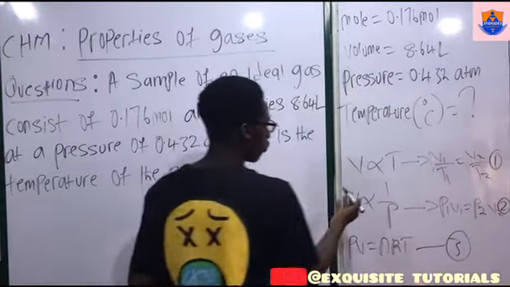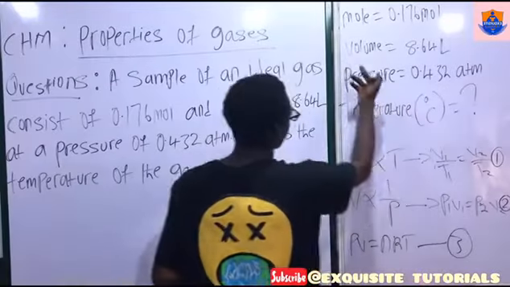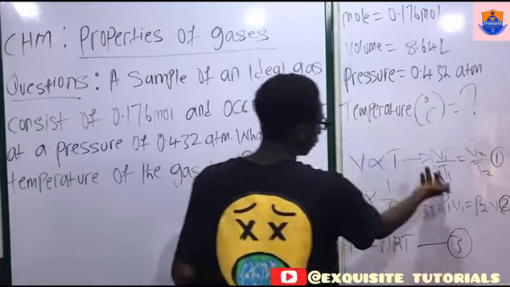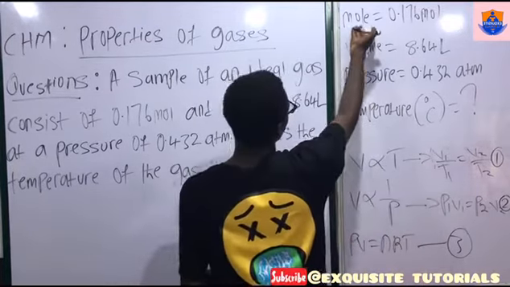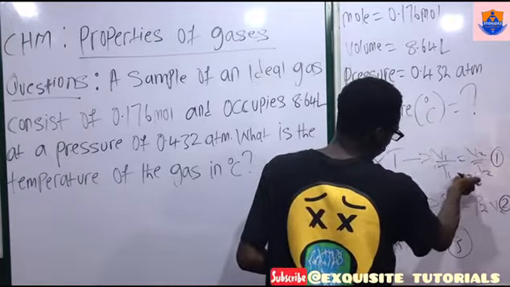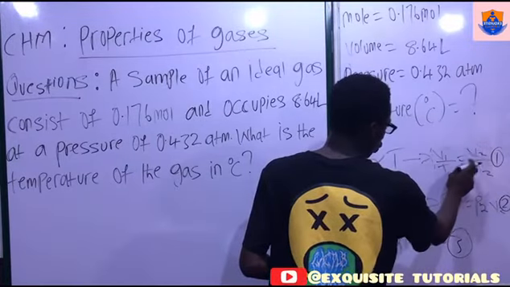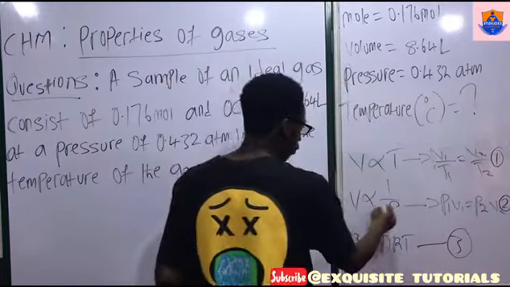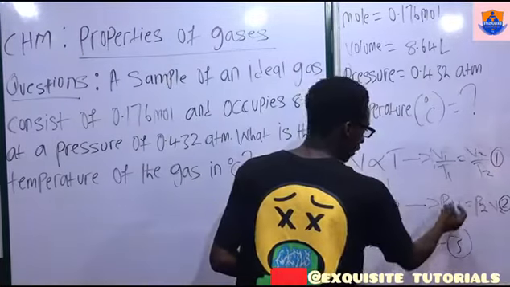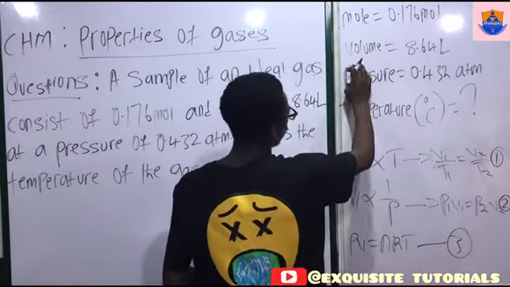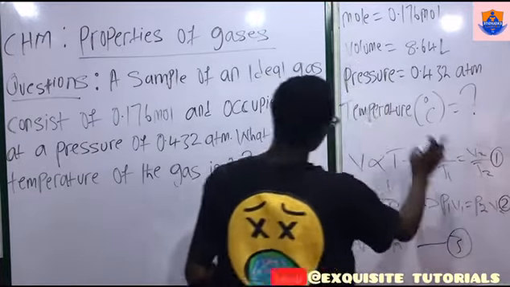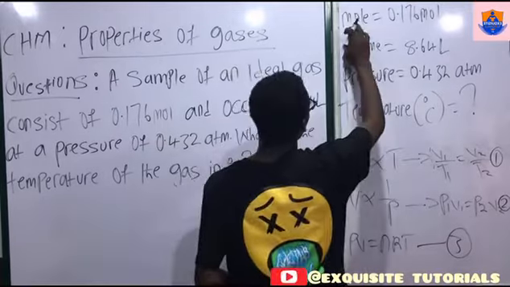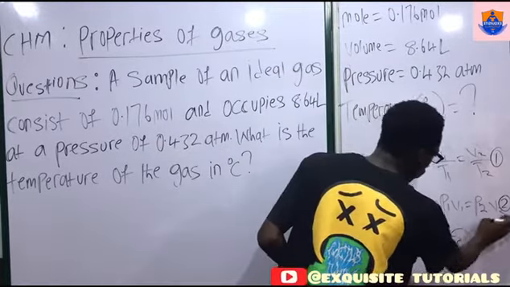Volume is here, and temperature is here. But if we ask for moles, mole is nowhere to be found, so this equation is not allowed for these parameters. Now let's go for the other. Pressure is given here, temperature is given here, but mole is nowhere to be found.